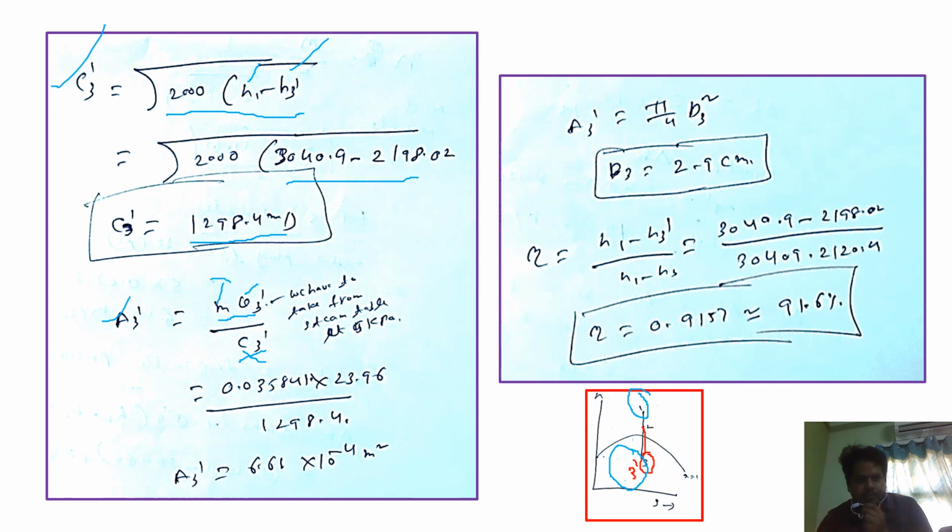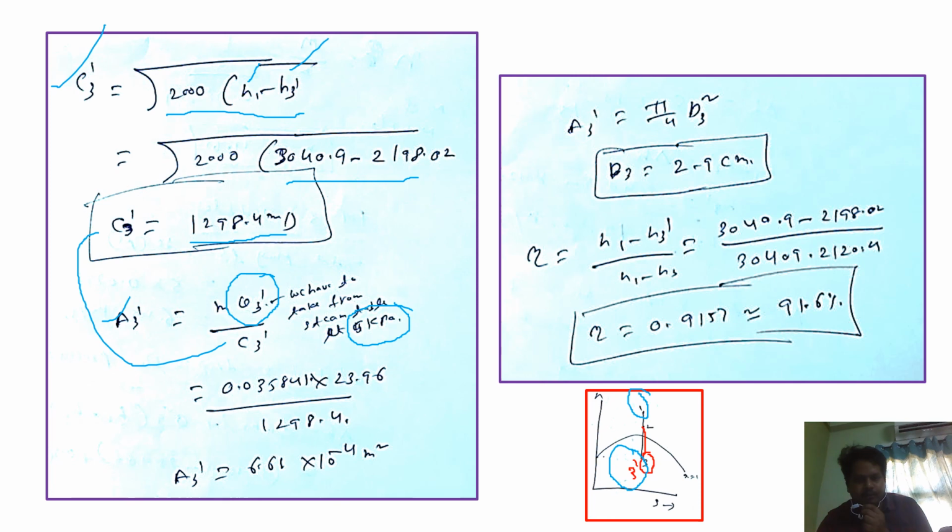We calculated C3 dash just now, and the specific volume value we have to take from the saturation steam table at the given pressure of 5 kilopascal.